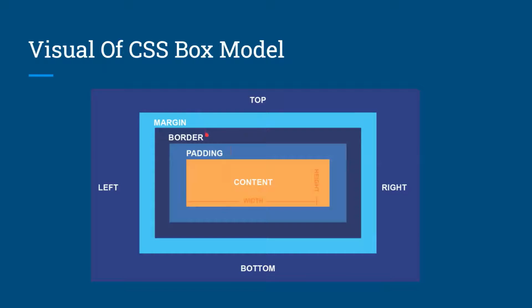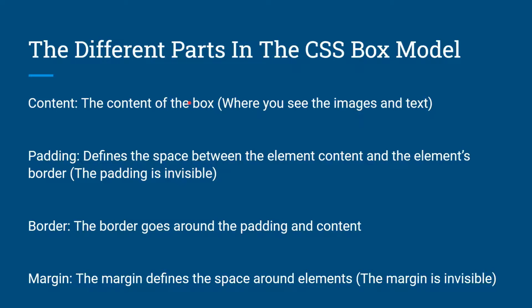If this is how big your margin is, that means your elements can only be in this area. It can't go inside of here because even though it's invisible, it's still part of your HTML element. So no HTML elements can go inside of your margin. It's just basically adding a little bit of space around your element. And this is also invisible.